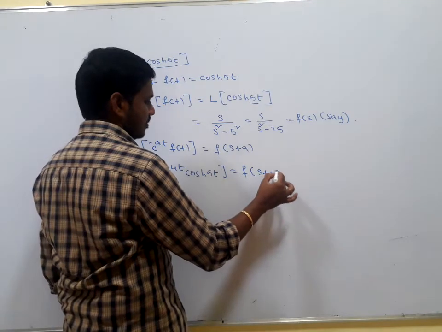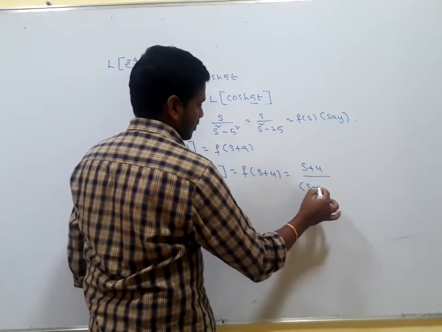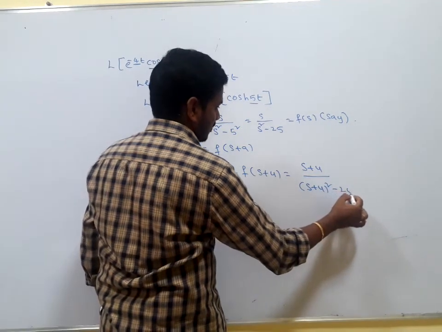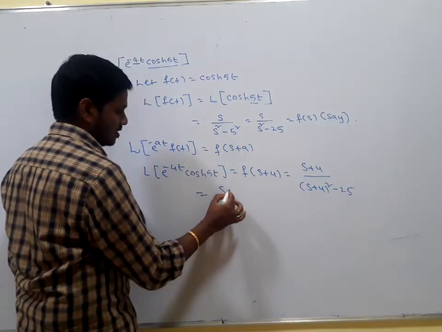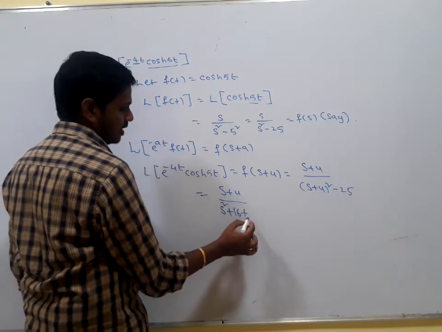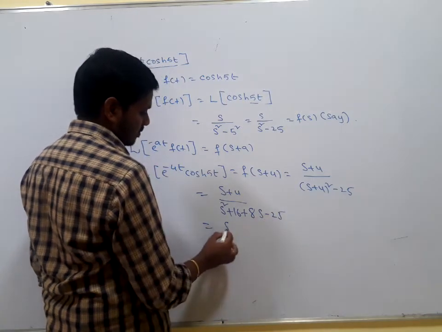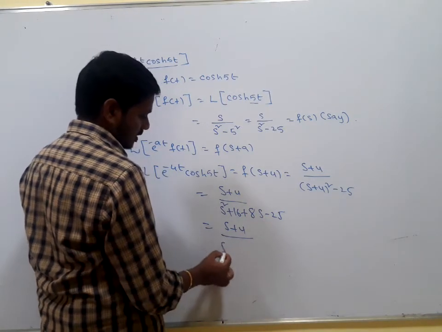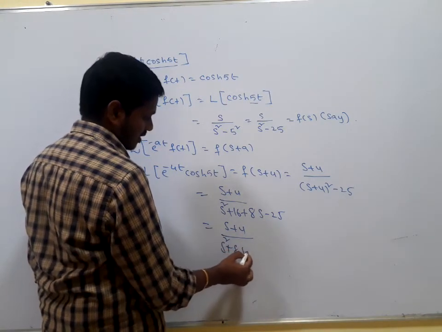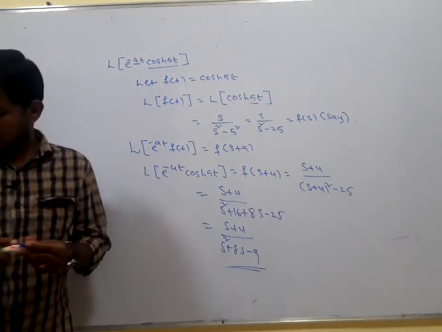That means s is replaced by s plus 4. So it is s plus 4 divided by s plus 4 whole square minus 25. This is the same as s plus 4 divided by s square plus 16 plus 8s minus 25. So it is s plus 4 divided by s square plus 8s minus 9. This is the evaluation process.